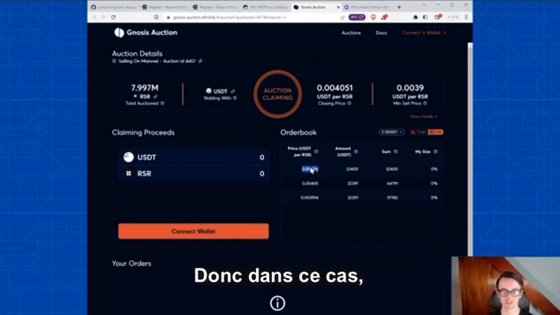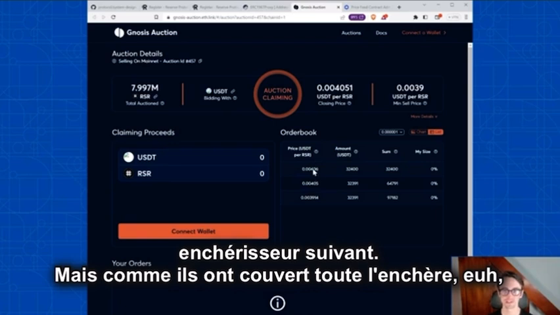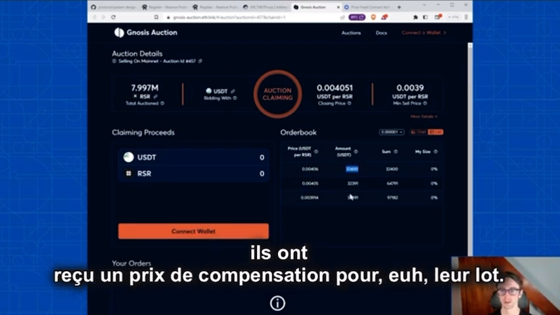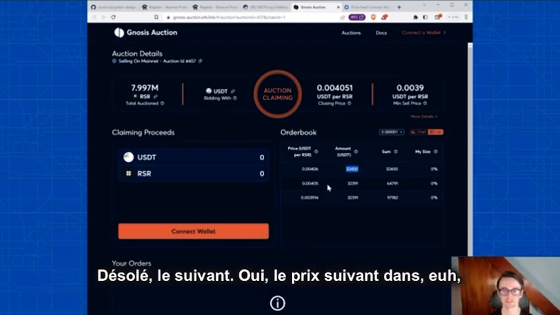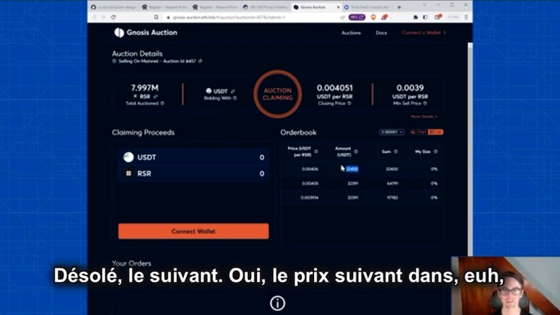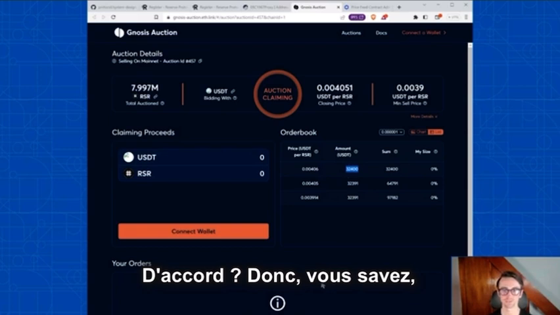So in this case, this bidder at the very top was actually willing to pay a little bit more than this next bidder. But since they covered the entire auction, they received a clearing price for their lot that was equal to the next price. Sorry, the next price in the bids ordered from best to worst, right?